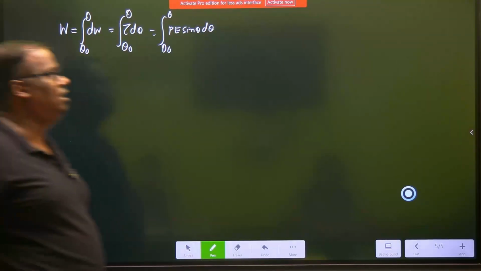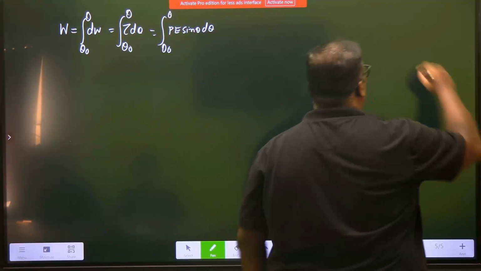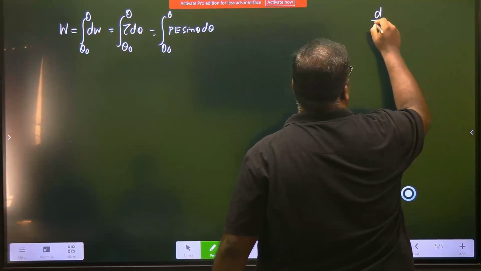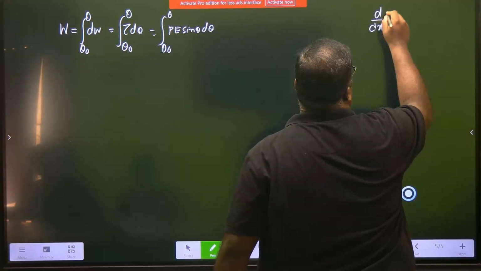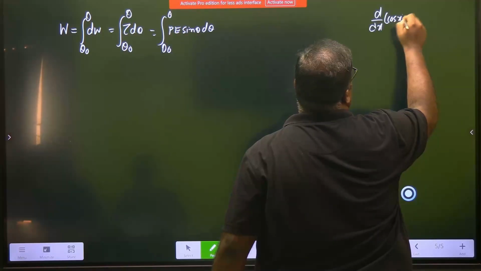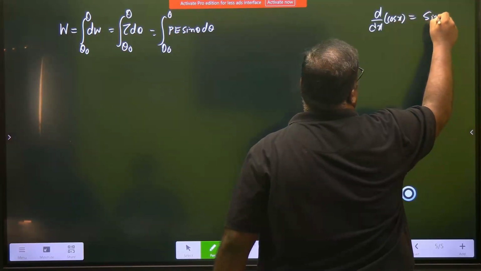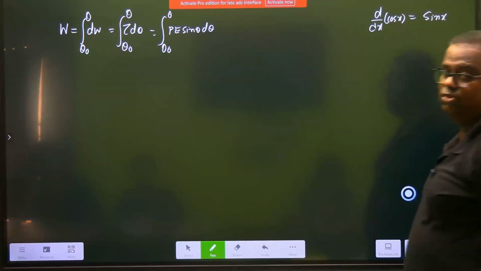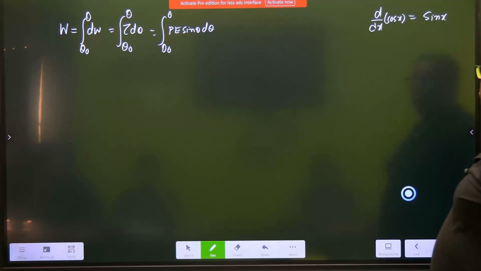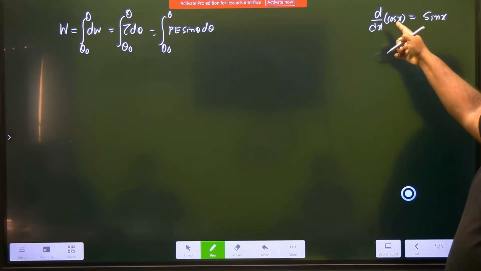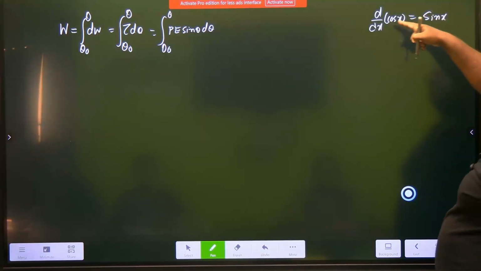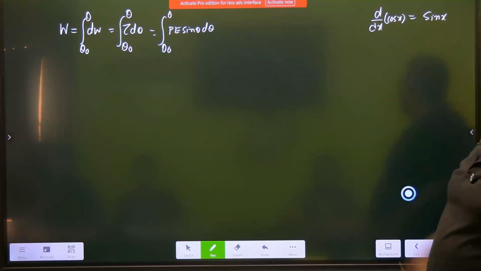Okay, let's see now a little bit of integral calculus. d/dx of cos x is minus sin x. This is the differentiation, called the derivative. If this is the derivative of this, then the antiderivative should give you the function back.